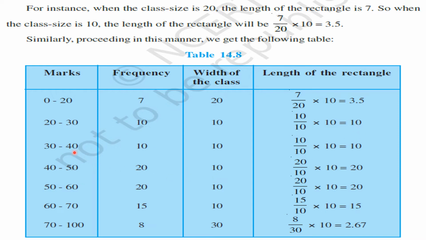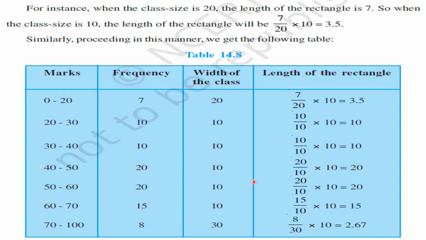Similarly, come to the third class. What is the length of the rectangle, that is, what is the frequency of this class interval? 10. 10 by the width of the class interval, 10, into the minimum class size.